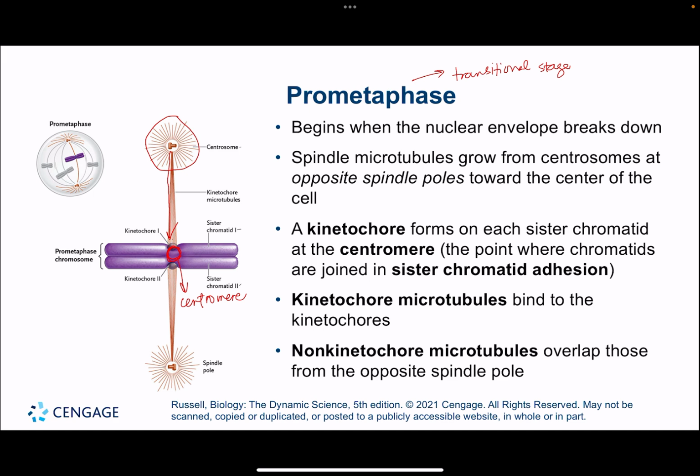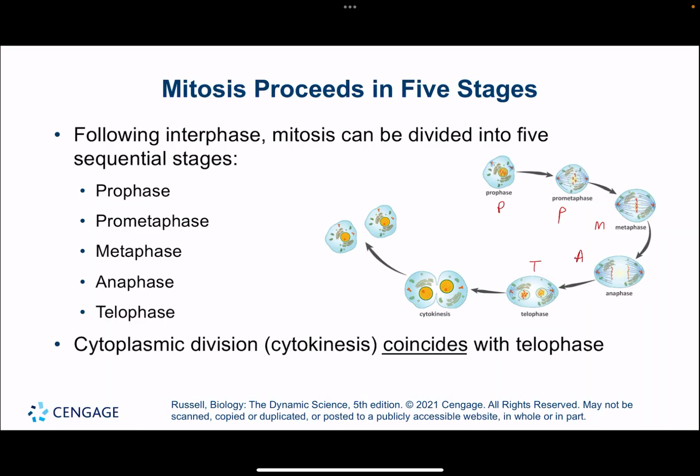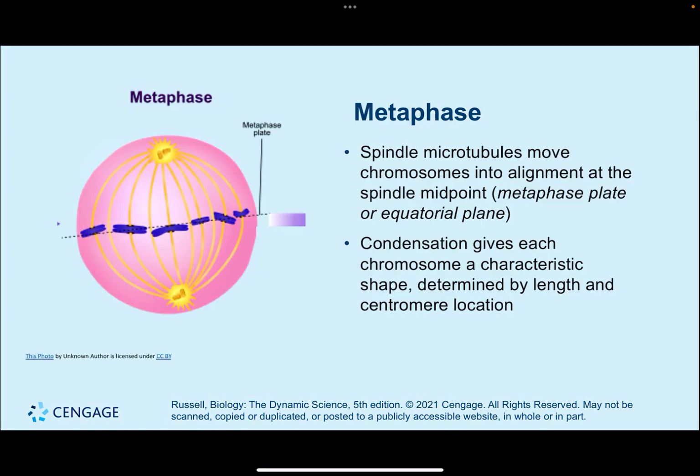And then after prometaphase, we have metaphase. So here, the chromosomes, which are maximally condensed, align at the equatorial plane or the metaphase plate. So this broken line here is what we call the metaphase plate.